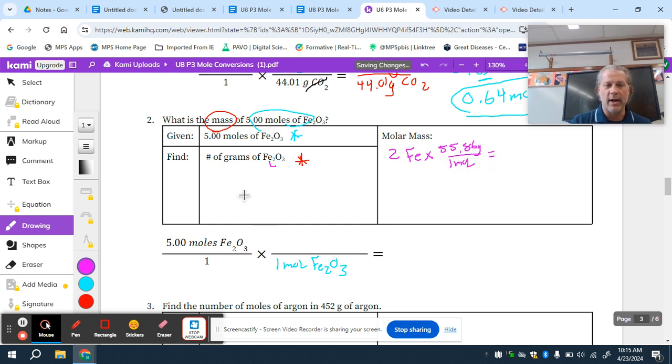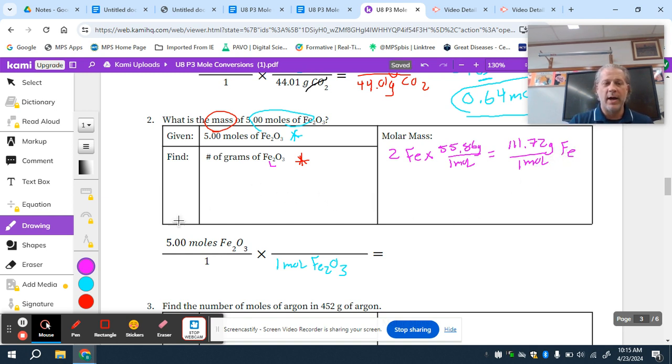When I multiply that out, 2 times 55.86 gives me 111.72 grams in 1 mole of Fe.